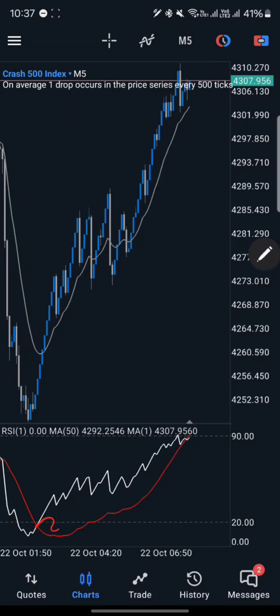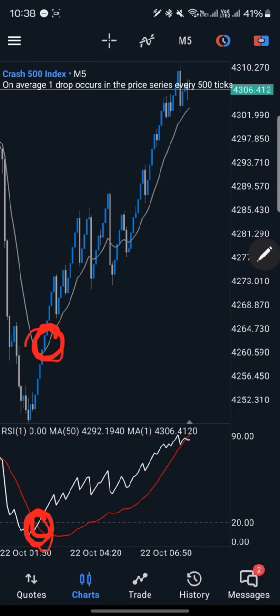So once the red moving average crosses our white moving average over here, we wait till we see a candle closure on our main chart above this moving average. So we wait for the crossover at level 20. We wait for a candle to close above the moving average on our main chart. This is on the 5-minute time frame.